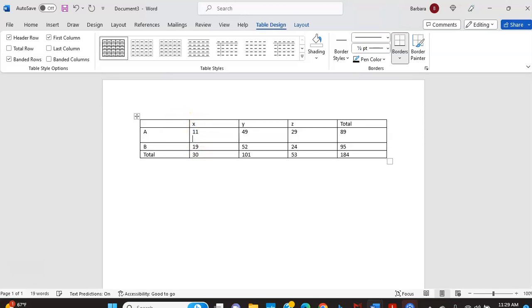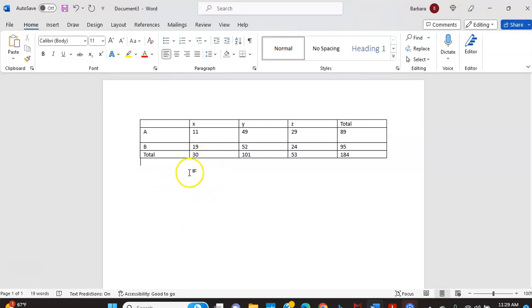Okay, now that I've got those, here's what I'm going to do. I'm going to make a little space here. Notice that for this 11, if we go over to the right, the total is 89, and if we go down below it, the total is 30. I want to take 30 times 89, those two totals, and divide by the 184 that is the entire total.